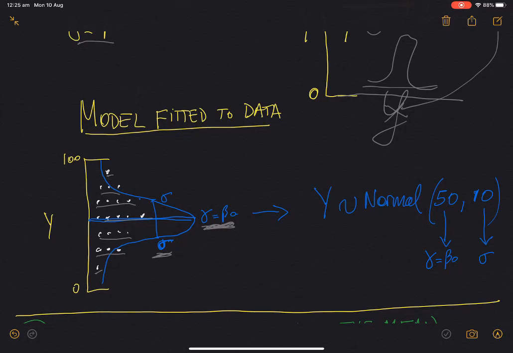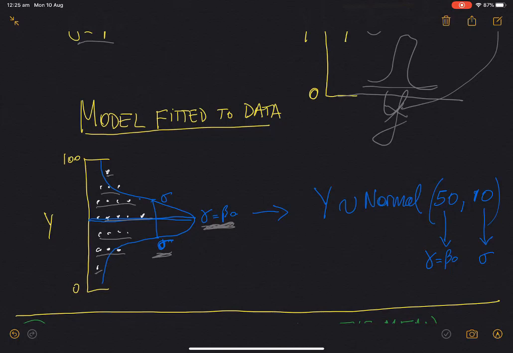And what's the mean of that distribution? Well, we are going to take the mean of this sample, which is 50, and the standard deviation of this sample, which is 10. I'm not doing exact calculations; this is just for the sake of illustration.